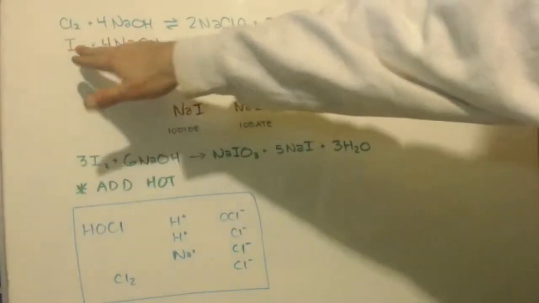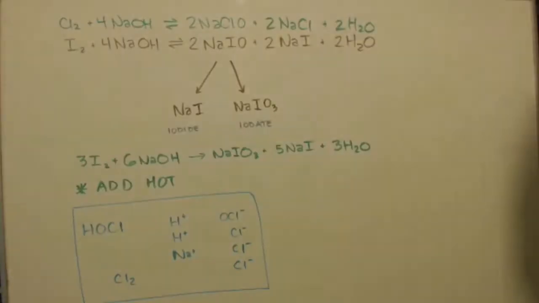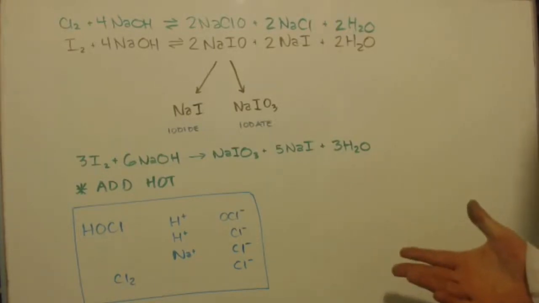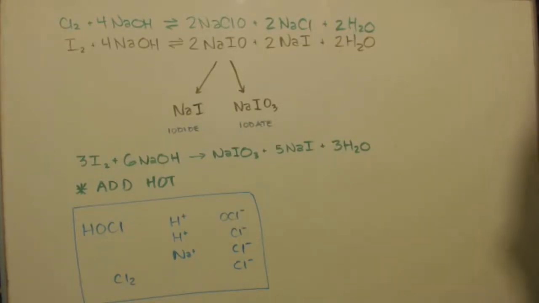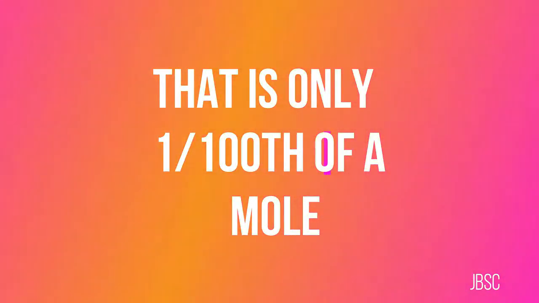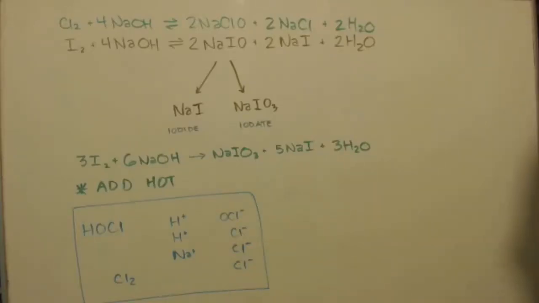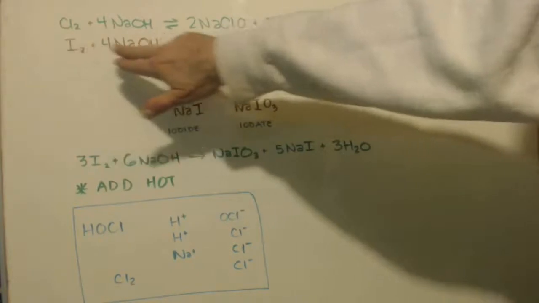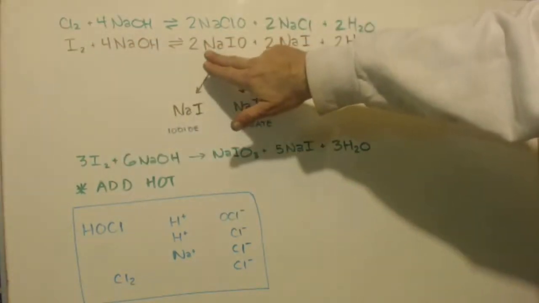I think the molar mass of iodine is like 250 grams or something like that, so there's probably 2, 3 grams in there. That's nothing. Anyways, you put it in there, and again, you make the same thing.